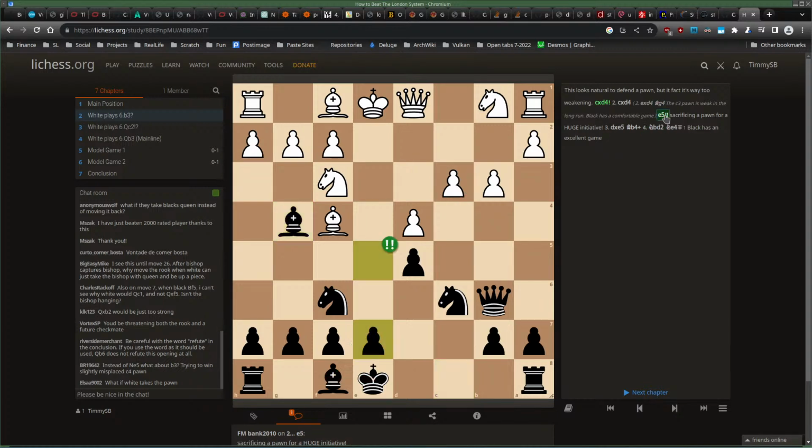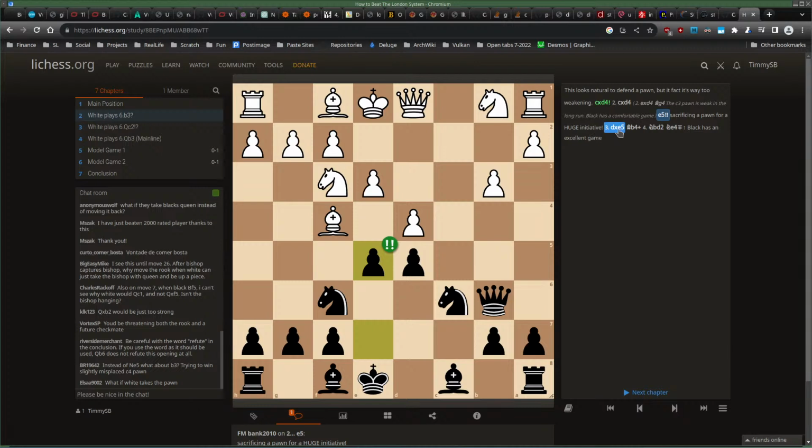And e5 is what? Okay, so after he takes back with the c pawn, we play e5. Looks like a giveaway pawn, yes. Sacrificing a pawn for huge initiative.